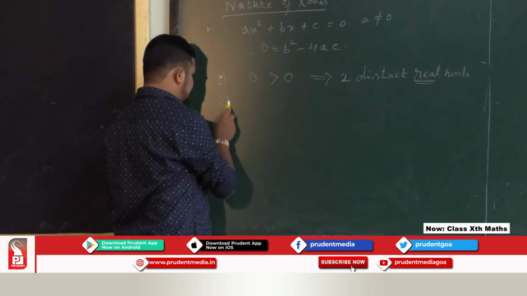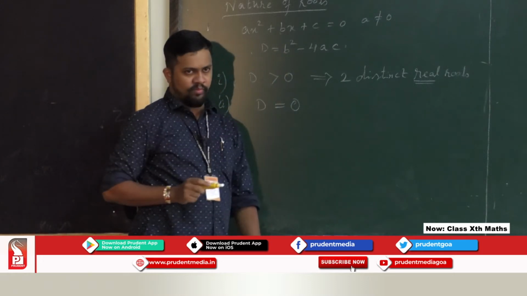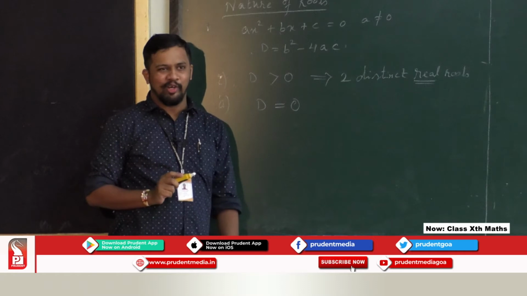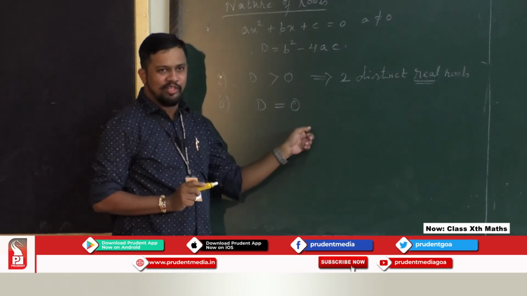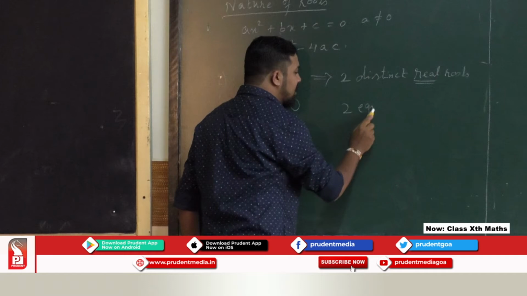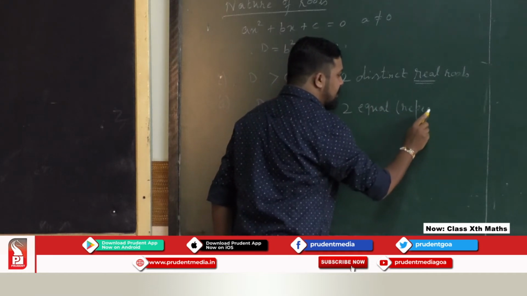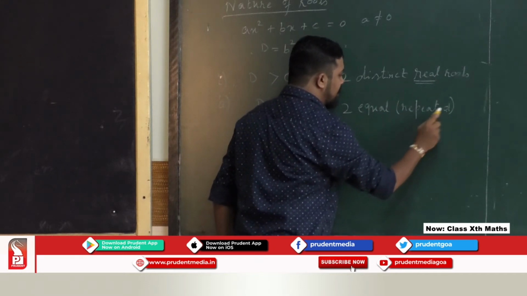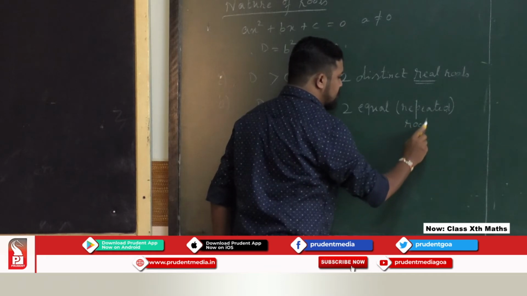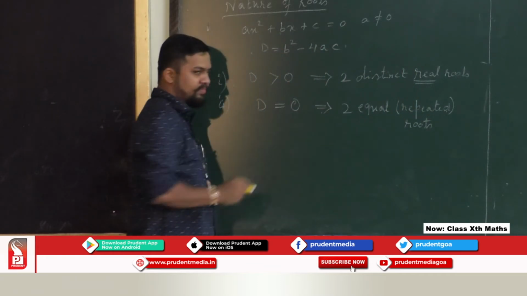Second condition can be d equal to 0. You didn't get d equal to 0 till now. So, when d is equal to 0, we will get 2 equal, I will say repeated roots.